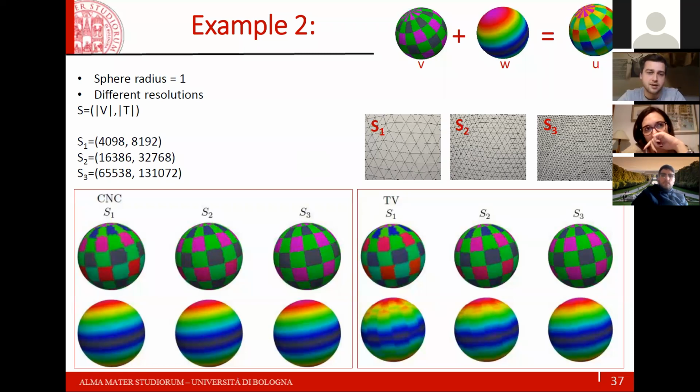But as I was saying before, once you look, for example, at the gradient magnitude, this can be problematic for textures, because if you have small triangles, the gradient magnitude there can be higher than what you would expect in an image.